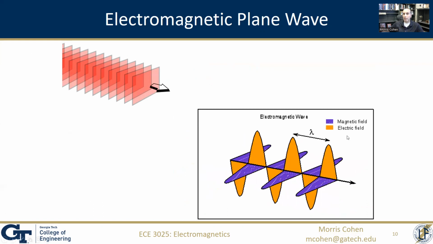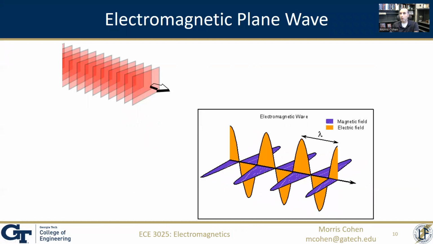But if you look at this in the time domain, as shown in the bottom right, what you're basically seeing is electric field and magnetic field that are orthogonal to each other, and the vector E cross H is pointing in the direction of propagation. It's a little bit hard to see or visualize, but what's actually happening is that the electric fields and magnetic fields are in fact wrapping around each other. That does happen as dictated by Maxwell's equations, and that wrapping around each other causes this wave to move.